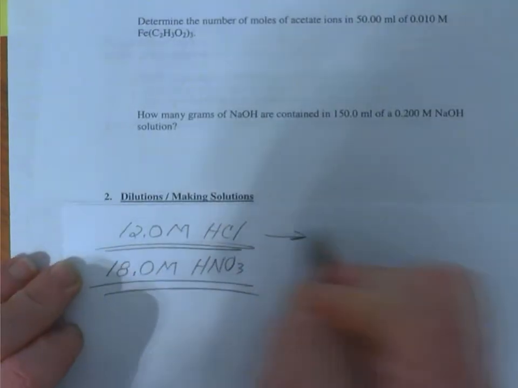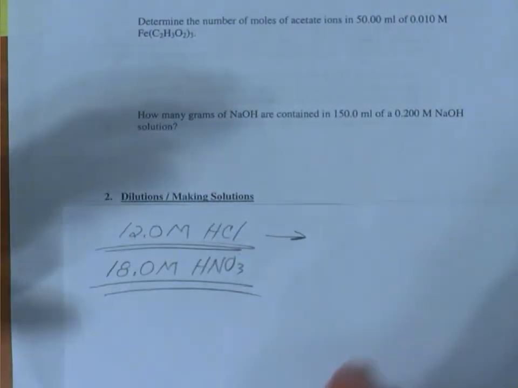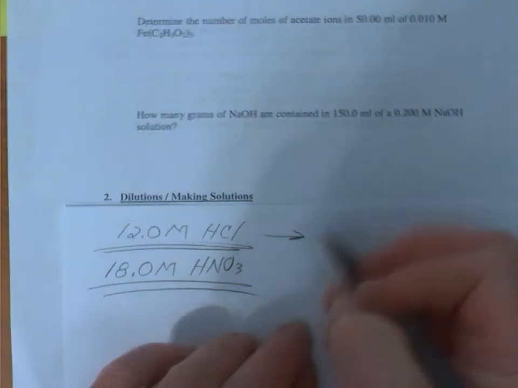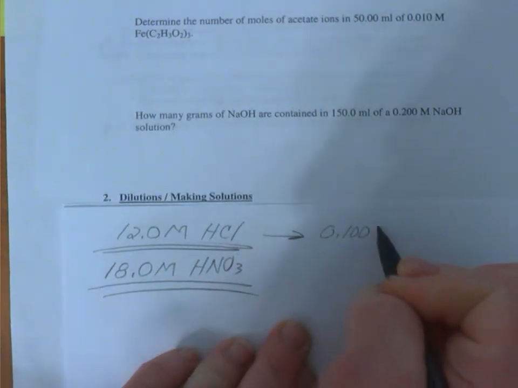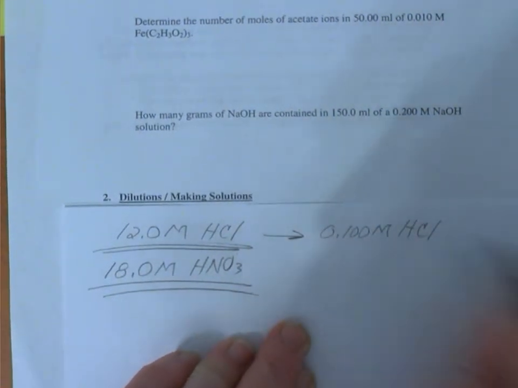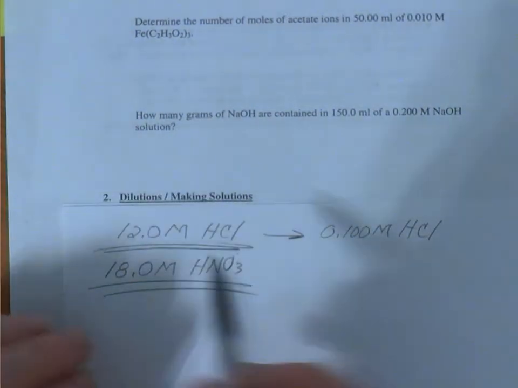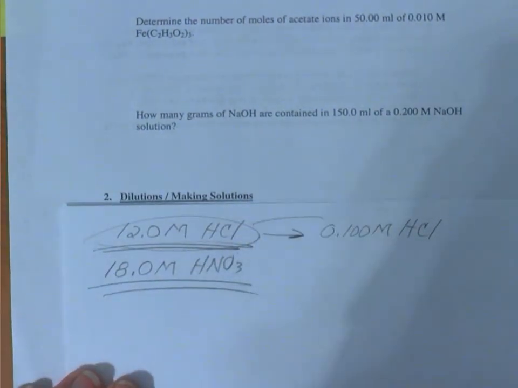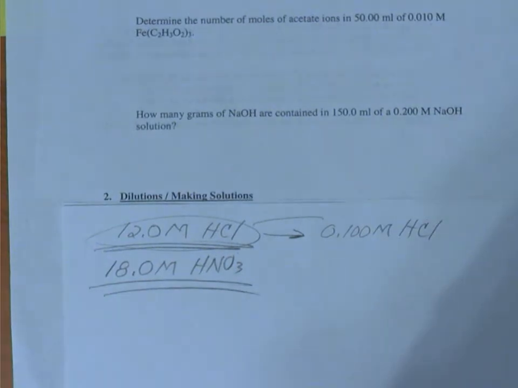When we're first doing titrations and such, we're usually working with 0.1 molar hydrochloric acid. So it's up to us to be able to dilute. And how do we dilute? We add solvent.